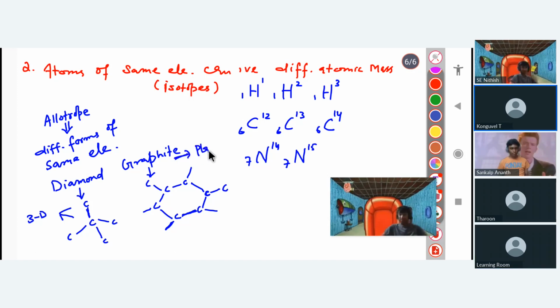Sir, in the book only three postulates of Dalton's atomic theory and modern atomic theory are given, but you wrote six. We wrote six postulates of Dalton's atomic theory, but in the book there are only three.